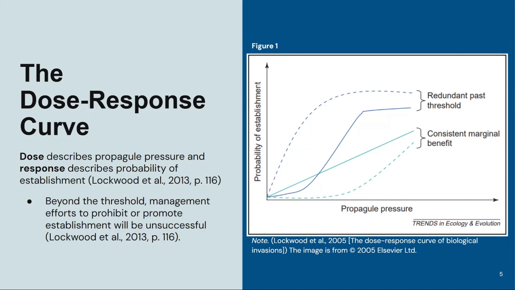The dose-response curve, on the other hand, contains a threshold for marginal benefit, after which point management efforts to prohibit or promote establishment will be unsuccessful because there's no greater probability of establishment. So the dose-response curve serves as a tool to inform management of invasive species according to their propagule pressure.